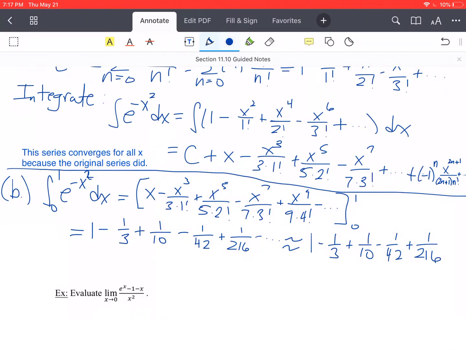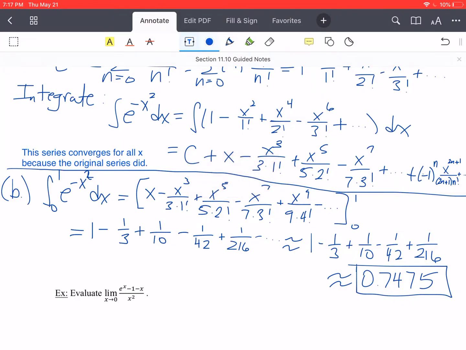And that value is approximately 0.7475. Okay, so that is the approximate value for the area under the curve e to the negative x squared from 0 to 1.